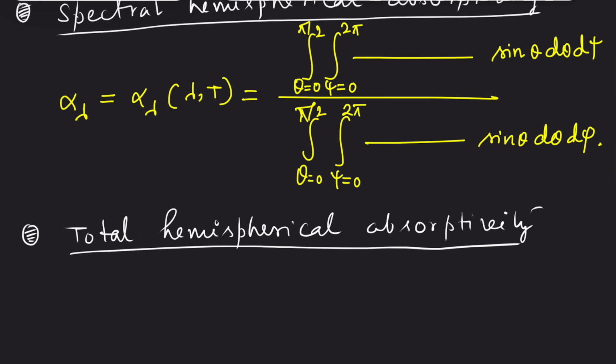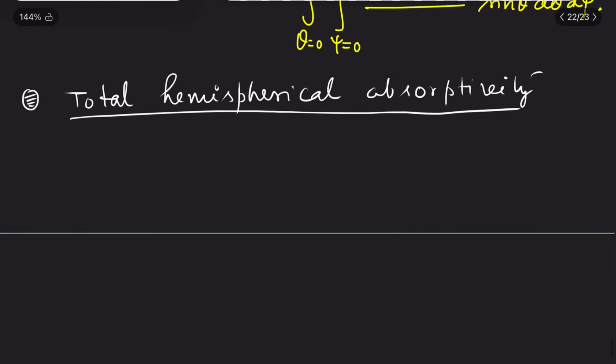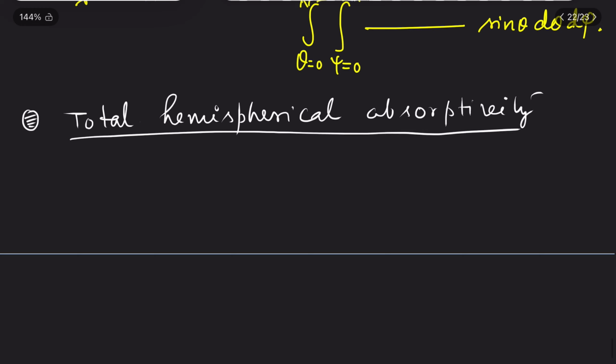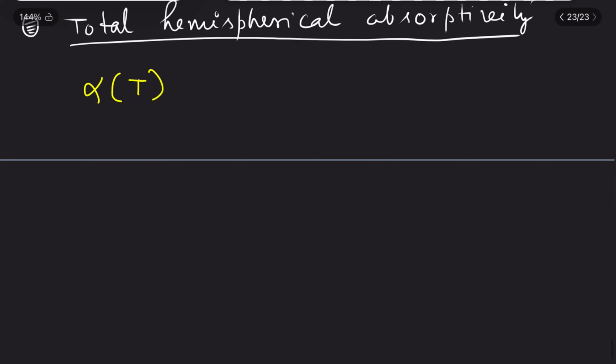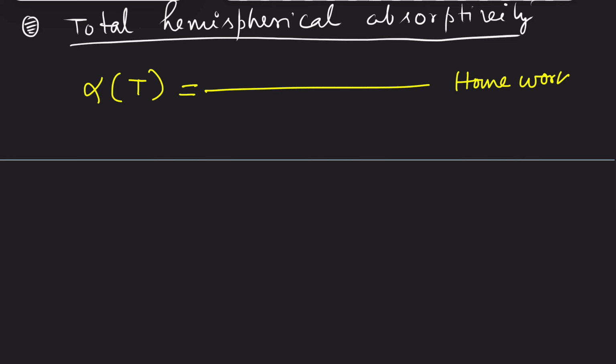You have to just integrate with respect to direction as well as the wavelength. So this is denoted by only alpha, and it is only a function of temperature. Okay. So you have to write the expression. This is your homework. Okay. I think you can do that.